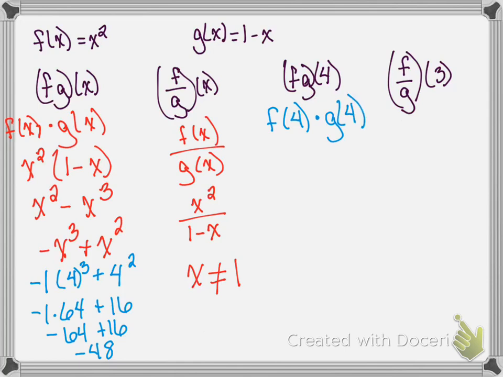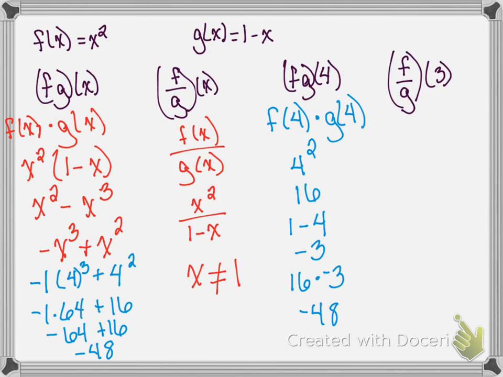So f of 4 is going to be 4 squared, which is 16. G of 4 is going to be 1 minus 4, which is negative 3. 16 times negative 3 is negative 48. So it doesn't matter which method we use there.